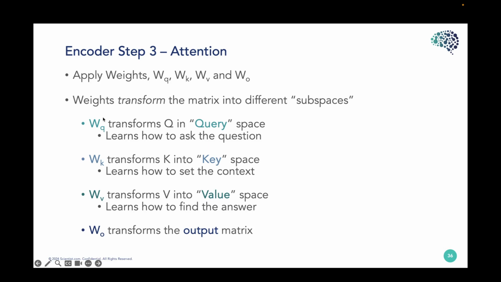We multiply by WQ to get the Q matrix, WK to get the K matrix, and WV to get the V matrix. WQ, WK, WV are all square matrices. In fact, we do this for every head of the attention mechanism, but we talked about that last time. The important part is that WQ, WK, and WV are all square matrices.